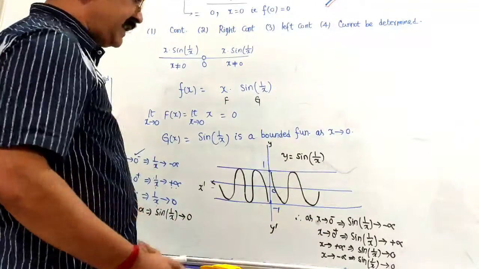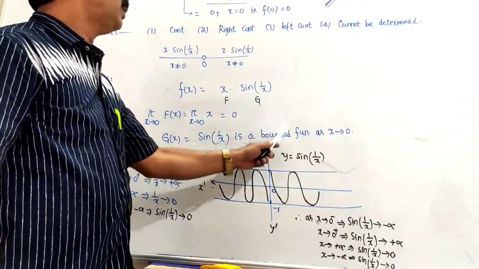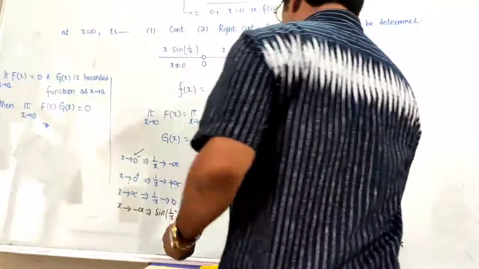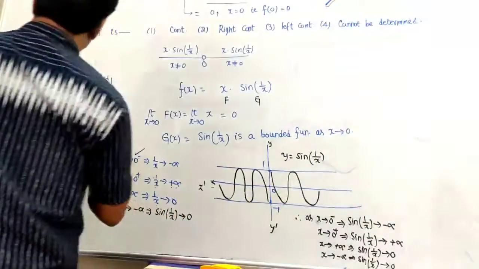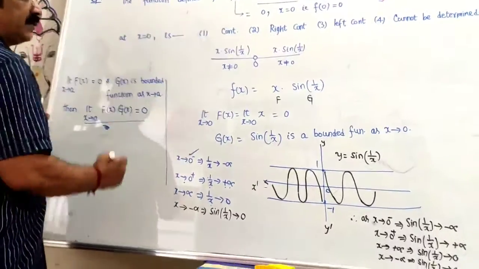Now, what I am telling is that as x tends to 0, sine of 1 by x is a bounded function, because see the graph. Okay. So therefore, limit x tends to a of capital F of x into G of x will be 0.